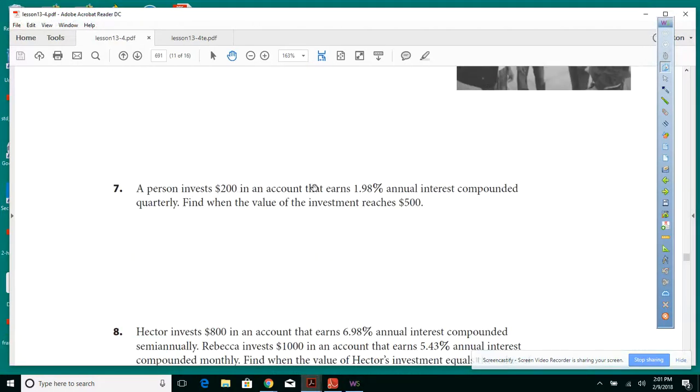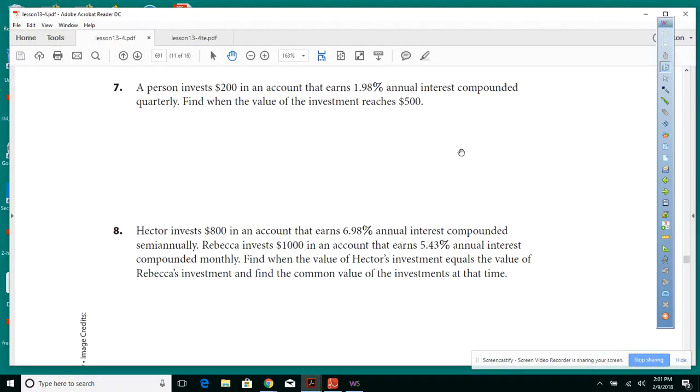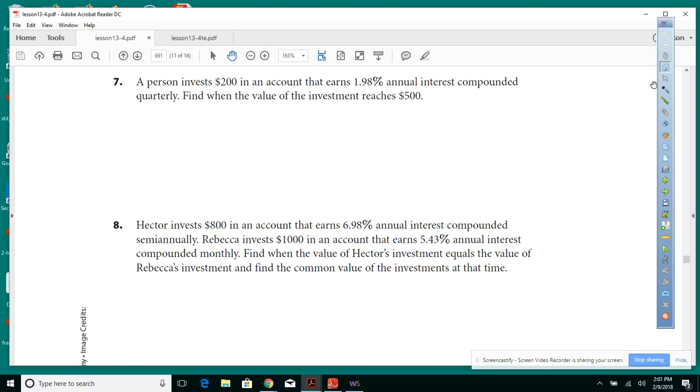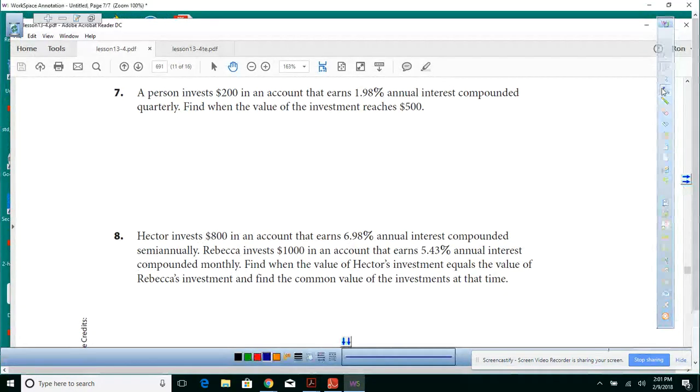Number 7. A person invests $200 in an account that earns 1.9% annual interest compounded quarterly. Quarterly would be 4, so N equals 4.